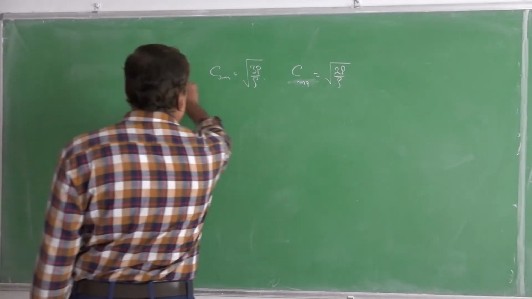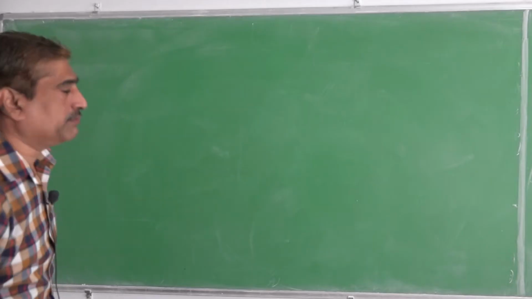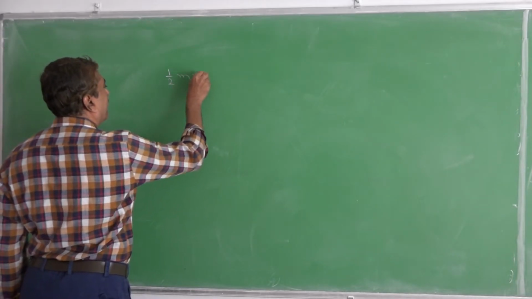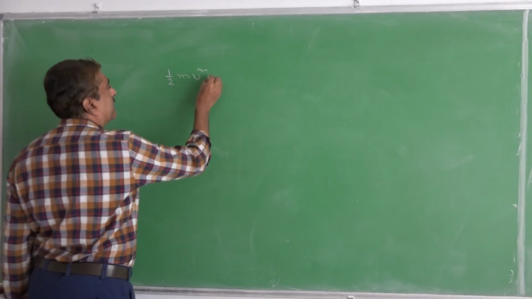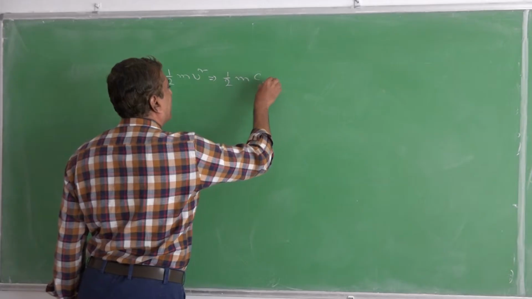And next, the average kinetic energy of a gas molecule is given by half mv square. That we can write as half m times the RMS velocity square.